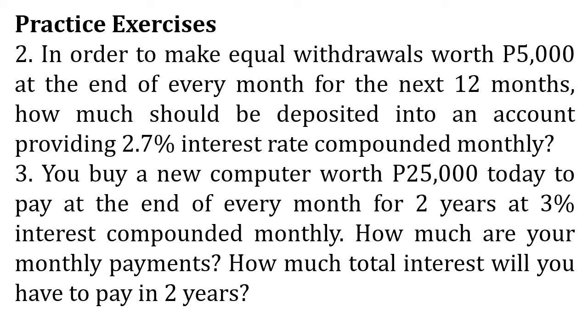Number 3, you buy a new computer worth 25,000 pesos today to pay at the end of every month for 2 years at 3% interest compounded monthly. How much are your monthly payments? How much total interest will you have to pay in 2 years? Problem number 3 is still the present value of an ordinary annuity, but in this case you must also solve for the interest.